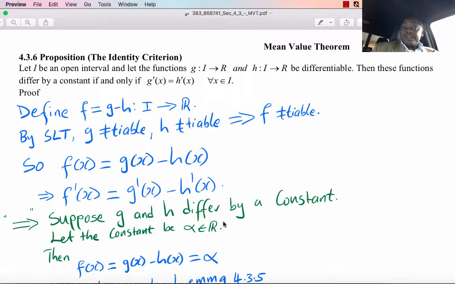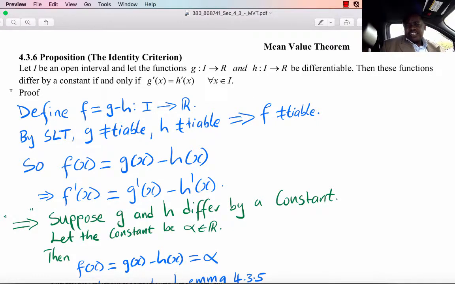And we're going to use that lemma to prove proposition 4.3.6, the identity criterion. Let I be an open interval and let the functions g and h be differentiable. Then these functions differ by a constant if and only if their first derivatives coincide at every point x in I. Interesting. Let's do it. Proof. Define f to be the function g minus h.